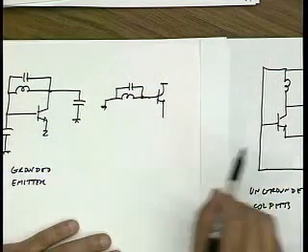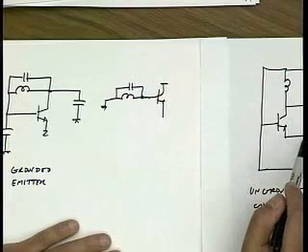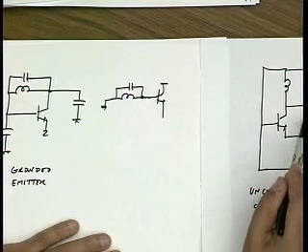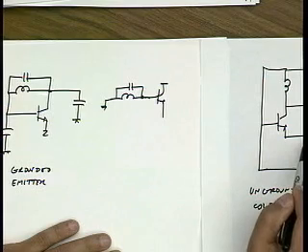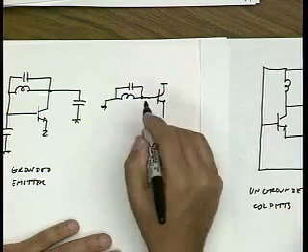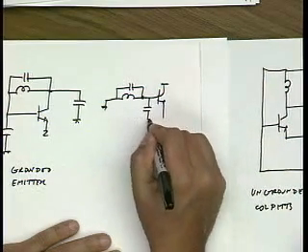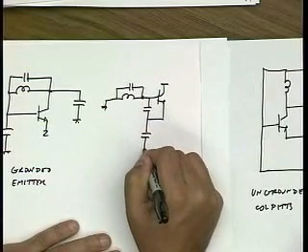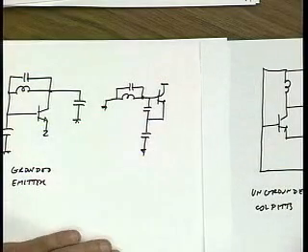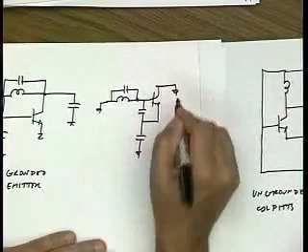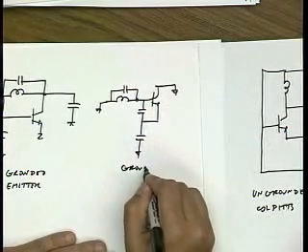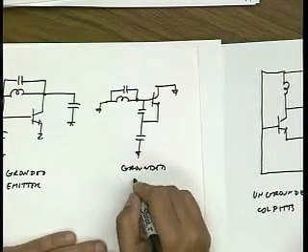And then on the emitter side, I have basically a capacitor from emitter to ground and a capacitor from emitter to base. So this is the capacitor from emitter to base, this is the capacitor from emitter to ground. So this is a grounded collector.